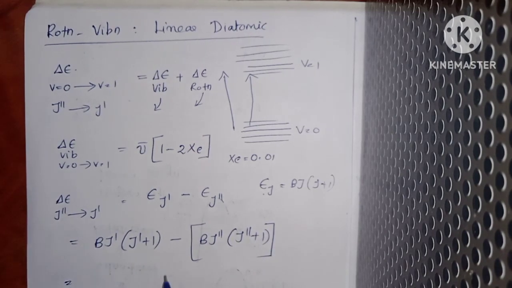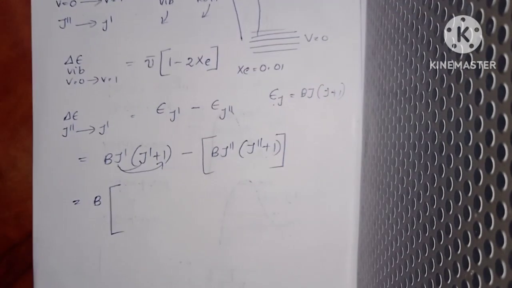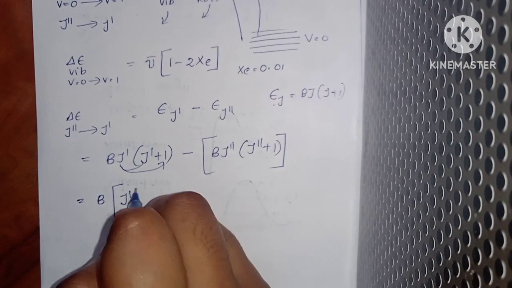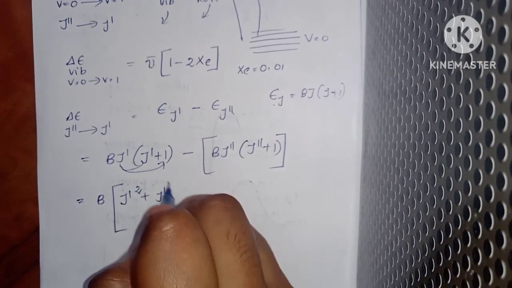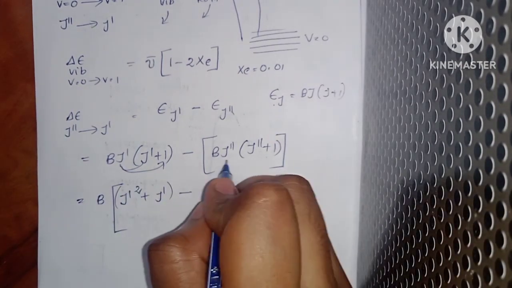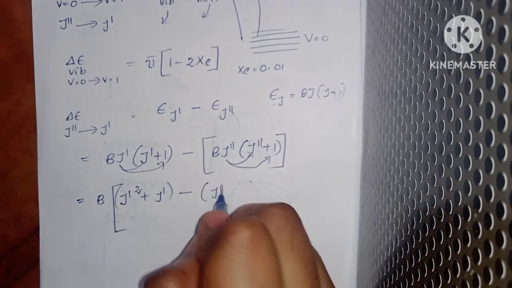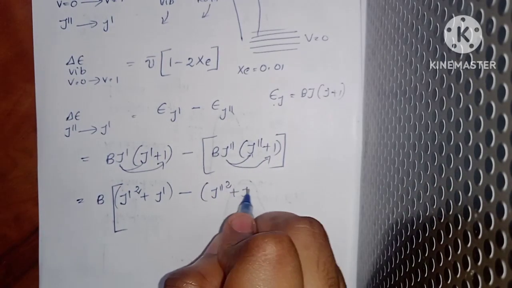Now B is common, we can take it outside. When we take B outside and give the J double dash to the inner factors, we will get B into J dash square plus J dash minus J double dash square plus J double dash.